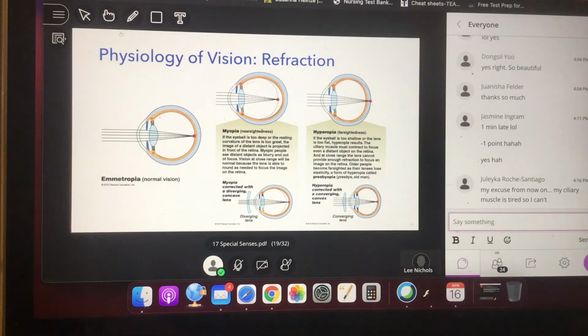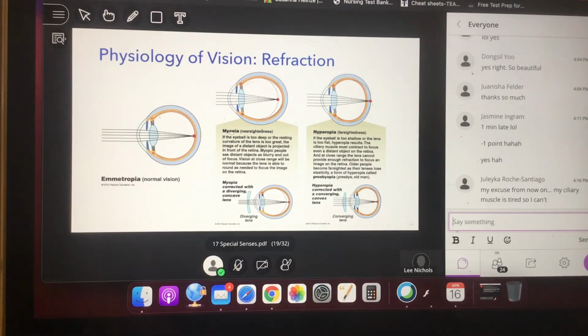The thing about nearsightedness, myopia, is that it actually does a pretty good job at focusing on things up close. So for people with nearsightedness or myopia, things might be pretty sharp and pretty clear if they're less than 20 feet away.